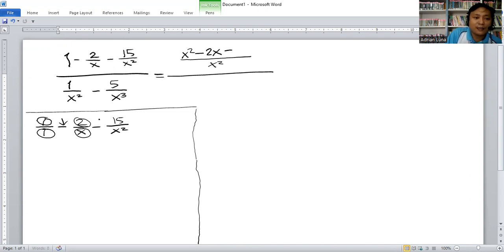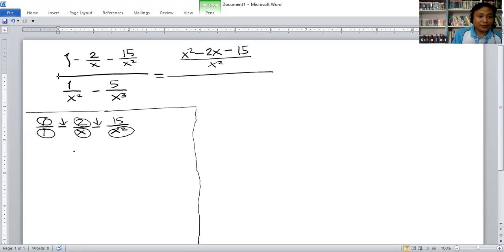Minus ulit. Bakit? Ayan, may minus sign. LCD, which is x squared, divided by x squared is equivalent to 1 times 15. That would be 15 pa rin. Ayan, okay na yung numerator natin. Simplify na natin, which we're going to factor out later.